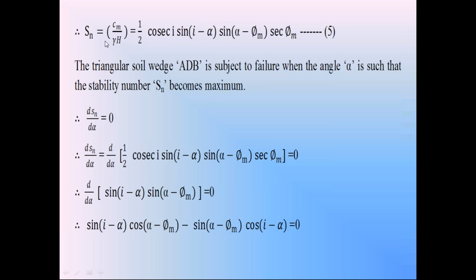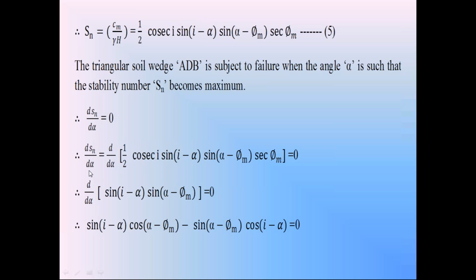So we are going to differentiate equation 5 with respect to alpha, for the maximum value of stability number, dSn by d alpha is 0.